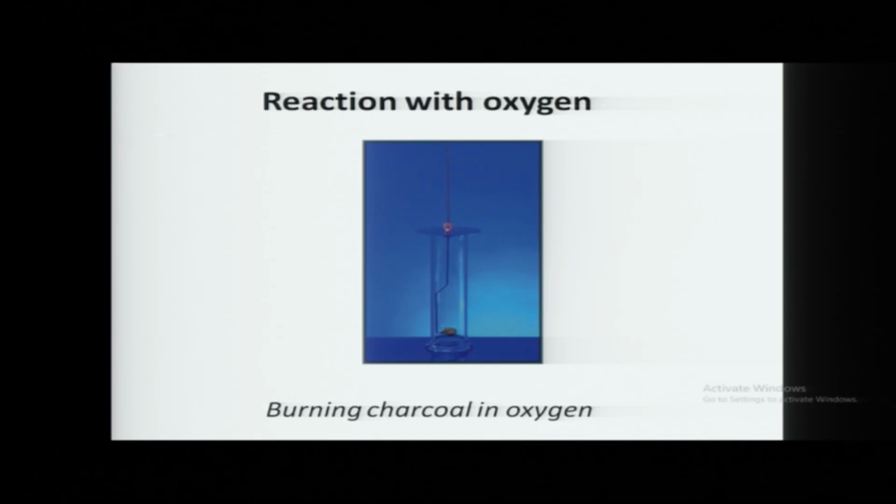So when I talk of charcoal, that is carbon. You remember among the allotropes of carbon, charcoal is included, the amorphous carbon, all right? So when you put burning charcoal in a gas jar, it continues to burn until the oxygen is used up, all right?